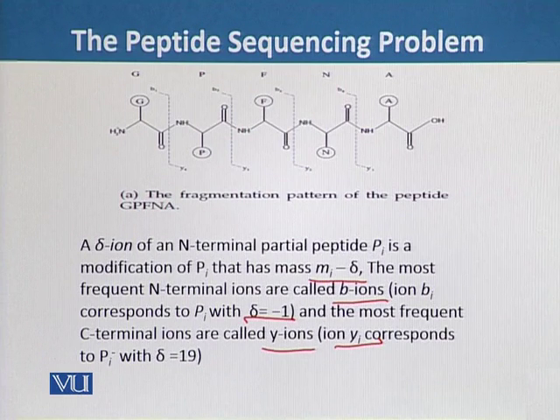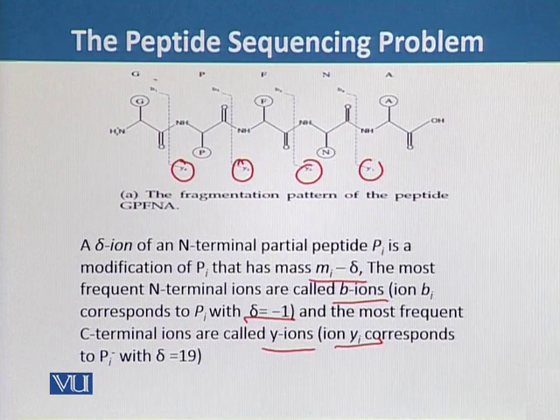So as we can see in the figure, examples of other frequent N-terminal ions are represented by B minus H2O, and we can see the values of the Yi, and these are represented as Bi.